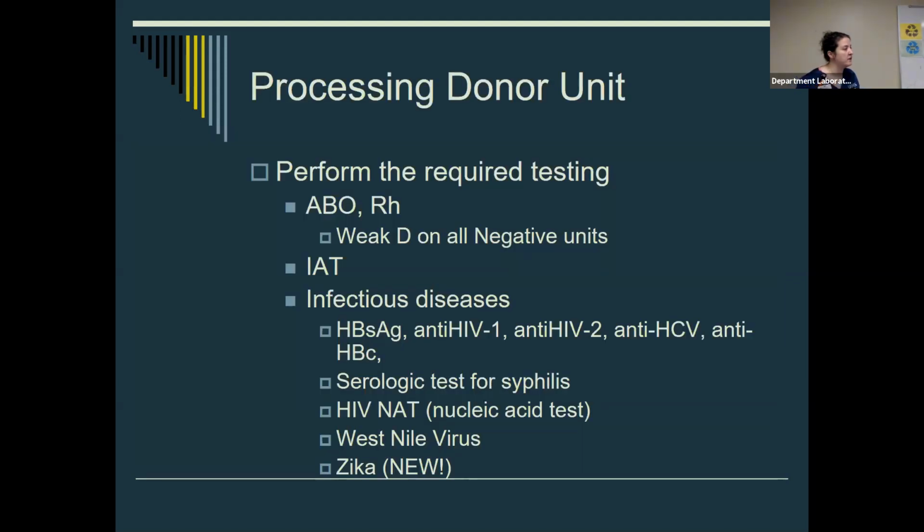Okay, so processing the donor unit. Every donor will have an ABO-RH performed. If the donor is negative at initial spin during the RH testing, weak D testing must be performed, and you guys all know why, because if a weak D positive unit is labeled as RH negative and given to an RH negative recipient, but your donor actually has some D antigen, remember, the D is very antigenic, all right?